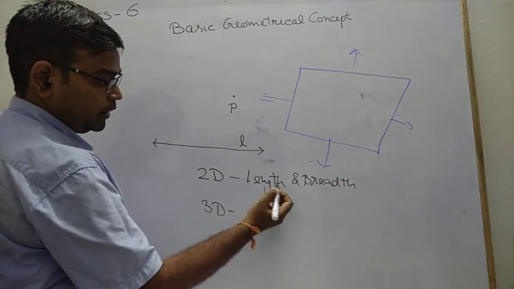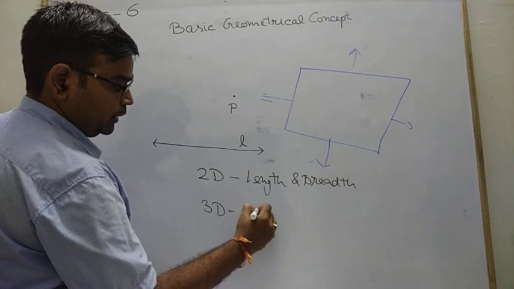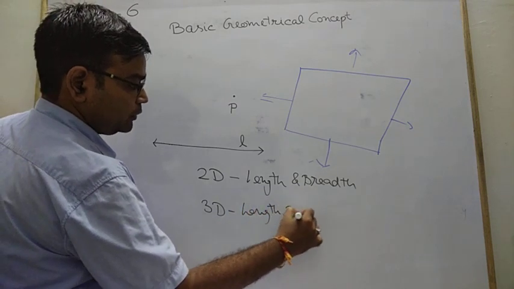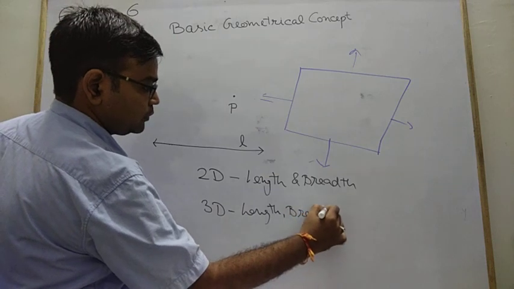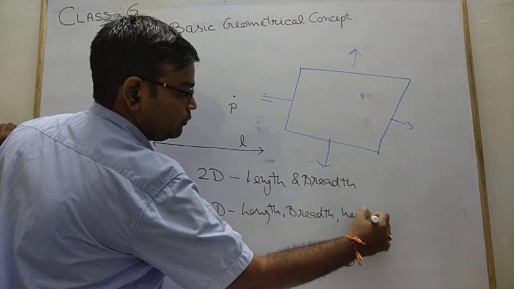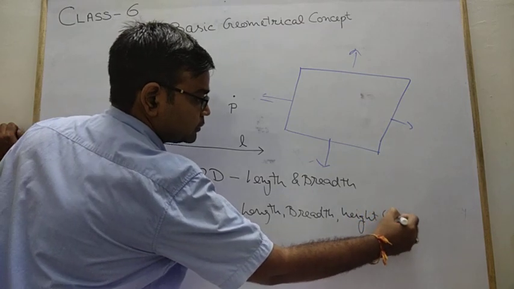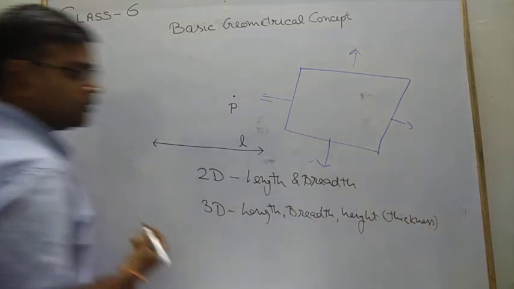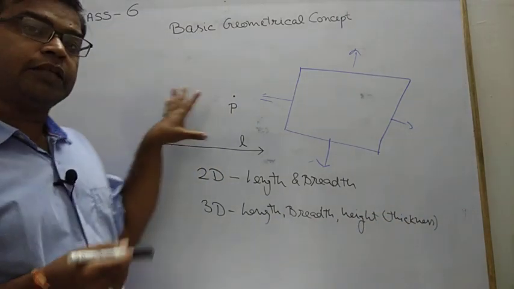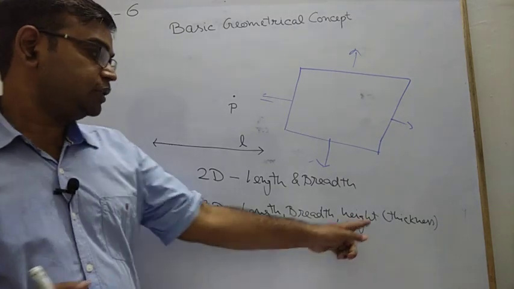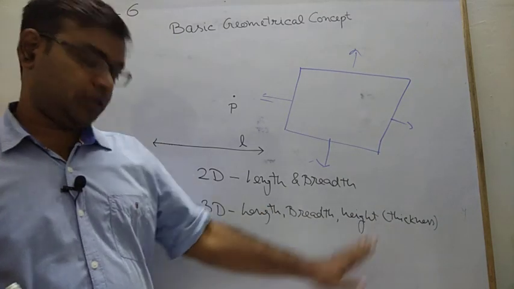In this case, along with length and breadth, it has height, or in general we can consider thickness. Clear? So now we are discussing only 2D. When we discuss 3D geometry, we will discuss the next part, height or thickness.